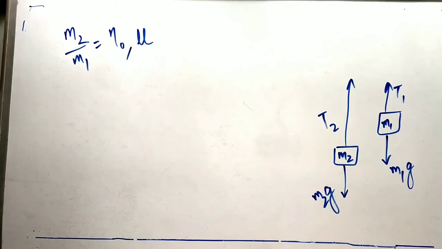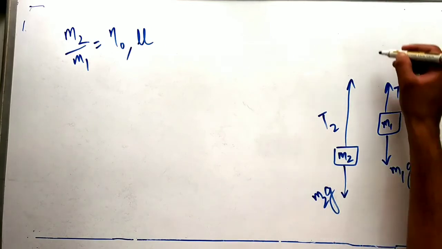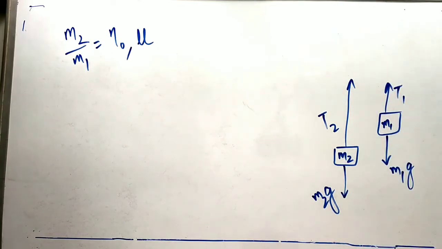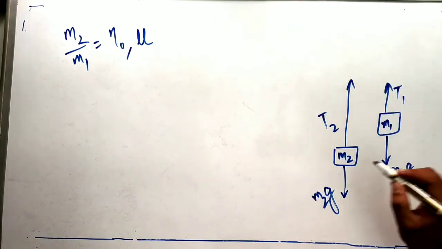The reason is there is friction between the pulley and the thread.